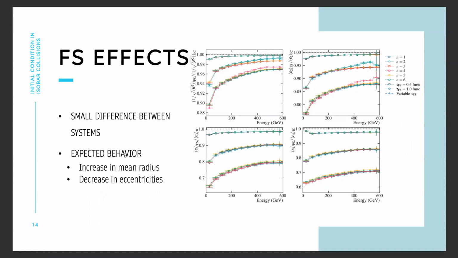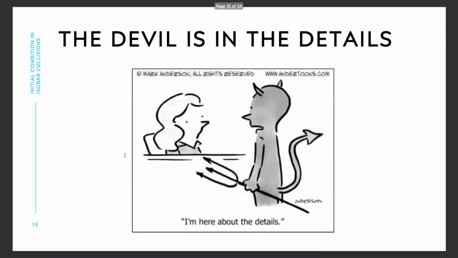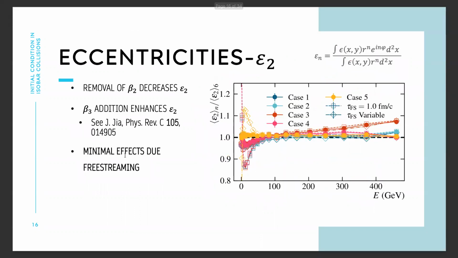The problem is we should be looking at the details. So now I zoom into the details and see what the differences between the systems are. To do this, I take case 6, the zirconium-like nucleus, and use it as the denominator.